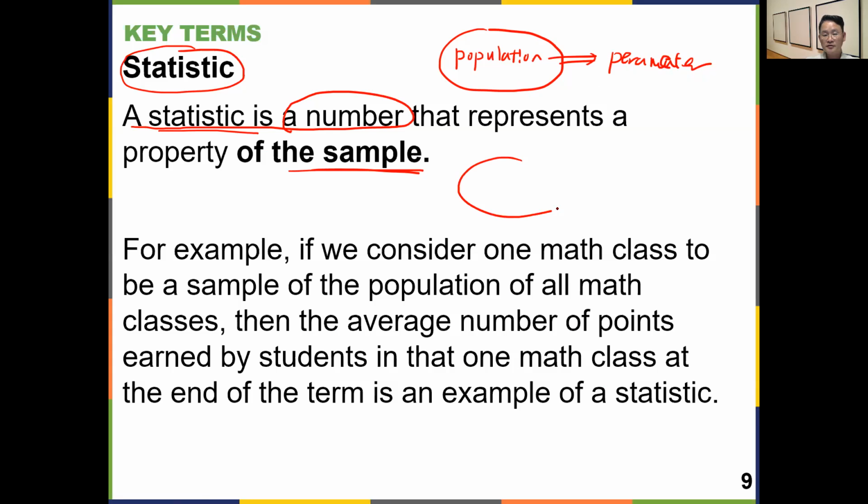And if you have a sample, then it's going to be a statistic. So you make that S connection and P connection. Population, parameter, sample, statistic. Okay.